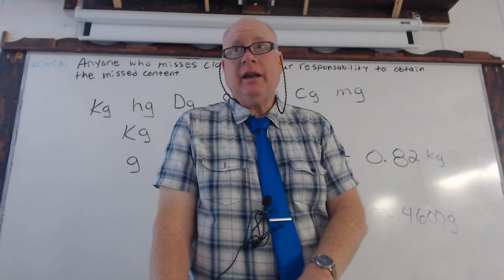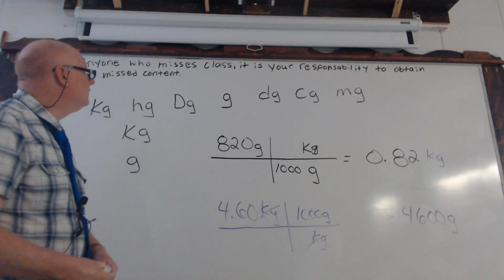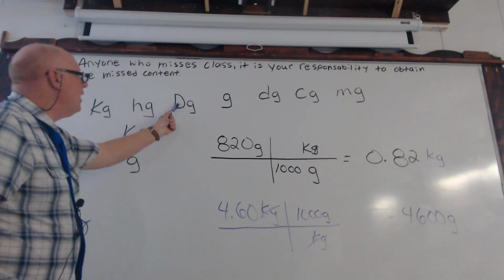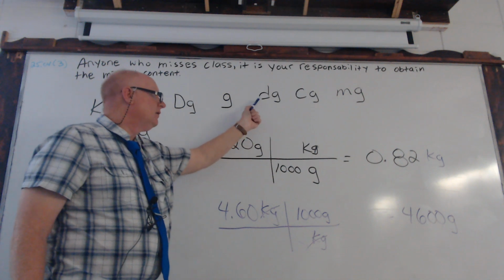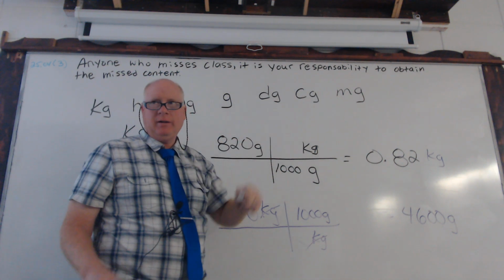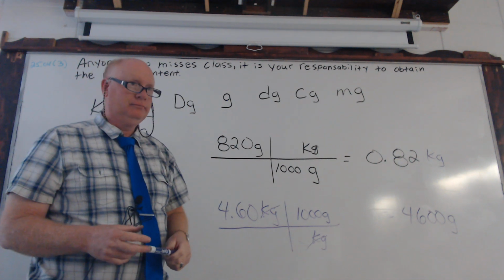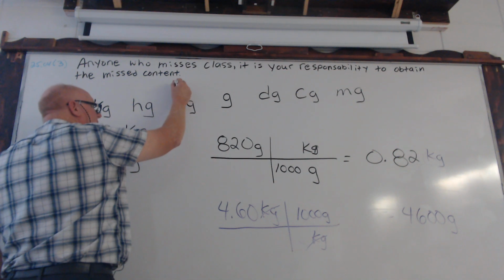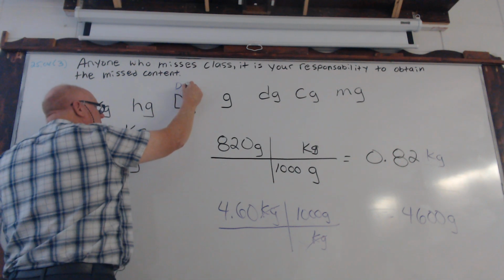Okay. Yes. What's the one with the lowercase d and the g and the lowercase c and the g? Okay. This is decagrams. That's decigrams, centigrams, and then milligrams. How do you spell the capital DG? I think it would be something like this.